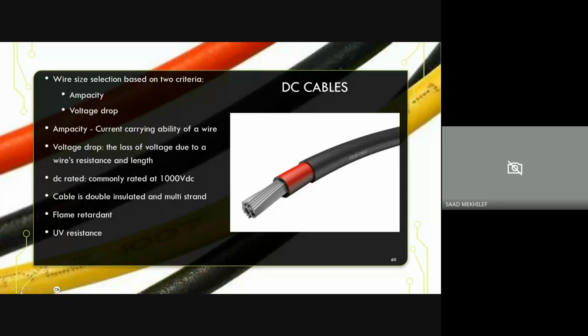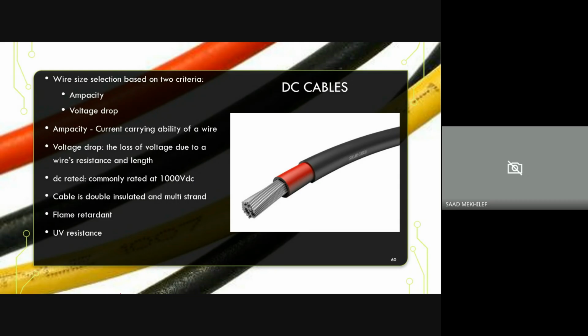Okay, good. Thank you. So very important in PV system design, many people make this mistake: they use the same cables on the AC side and the DC side, especially with grid connected inverters. A grid connected inverter has two parts.